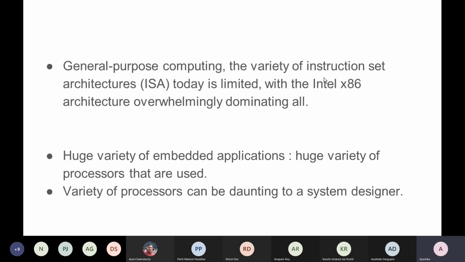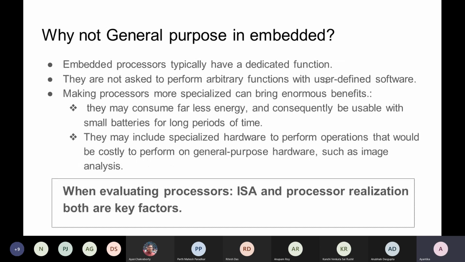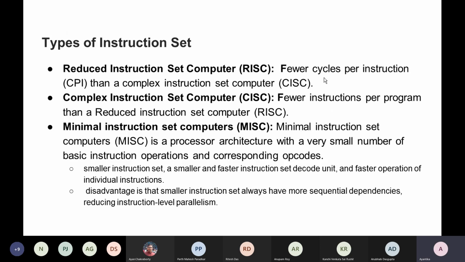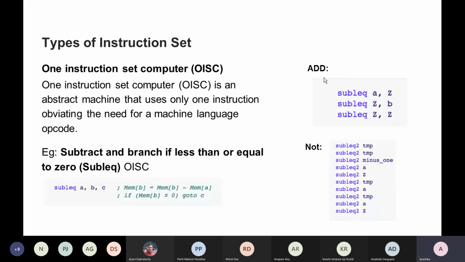In this case, we have talked about how whatever instruction or ALU support is there, based on that we can decide what we can implement.